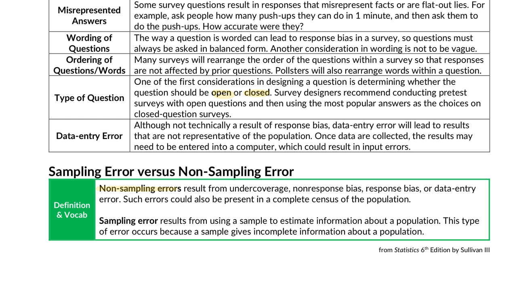It has to do with actually getting the correct group to respond to you, typing in the correct information, all of that good stuff. Sampling error comes from choosing the wrong population or part of a population to begin with. So if we don't use simple random sampling or stratified or systematic or cluster, we may have a sampling error in our survey. Are there any questions about all of these words you just read, all of this topic?